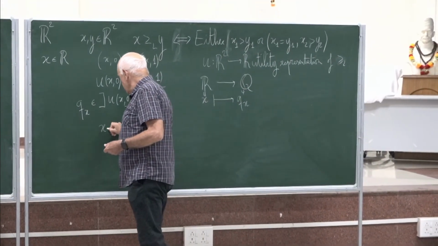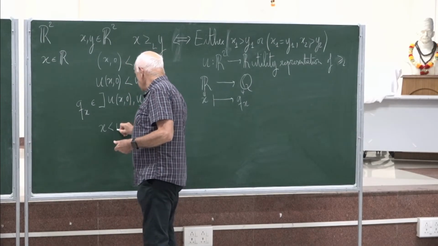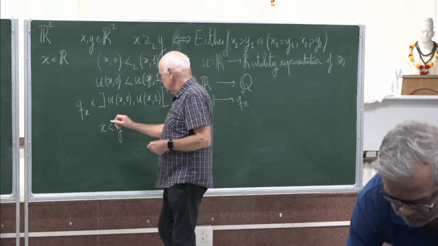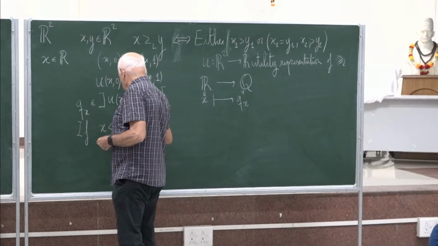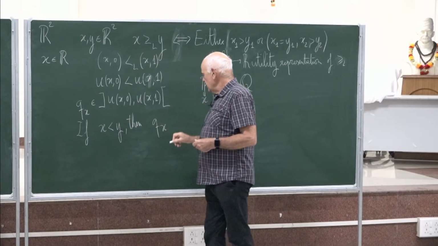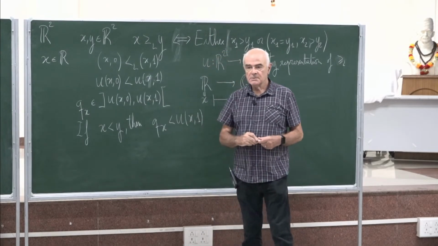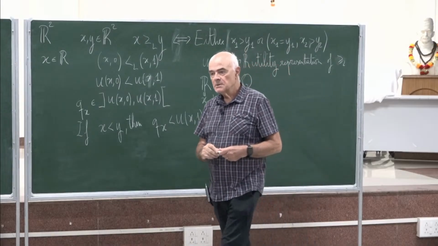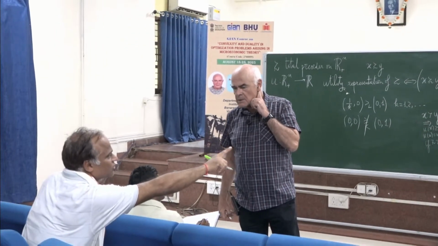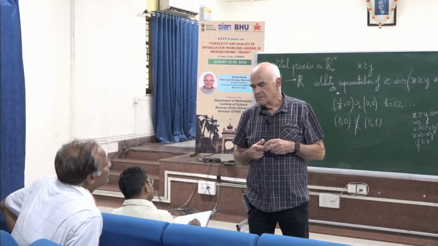Suppose x is less than y. Then qx is less than u of x1. Yes, we choose one. We pick one.